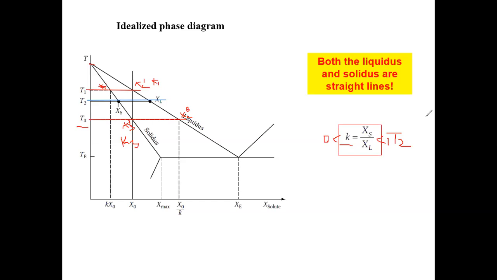Again, we use approximations and consider that the liquidus and solidus are straight lines. The consequence of this assumption is that it allows us to get a constant ratio between the composition of the solid and the liquid for the entire coexistence region. And that ratio is between 0 and 1. Does this make sense to everyone?